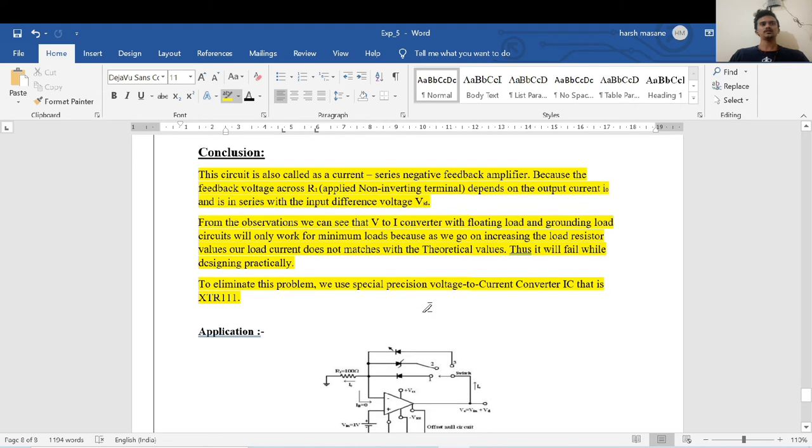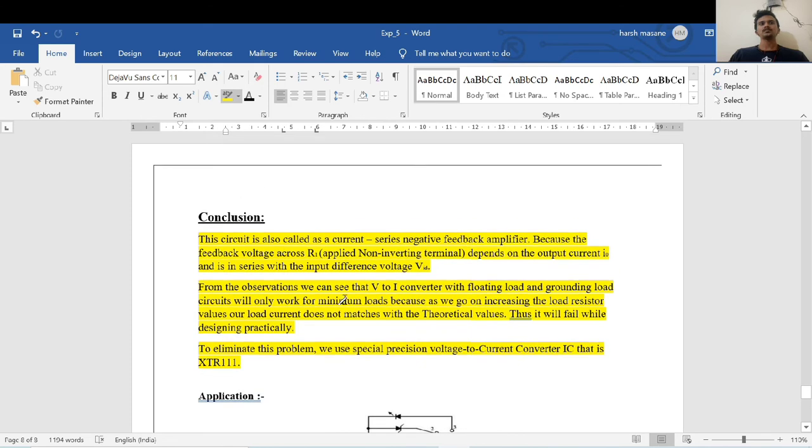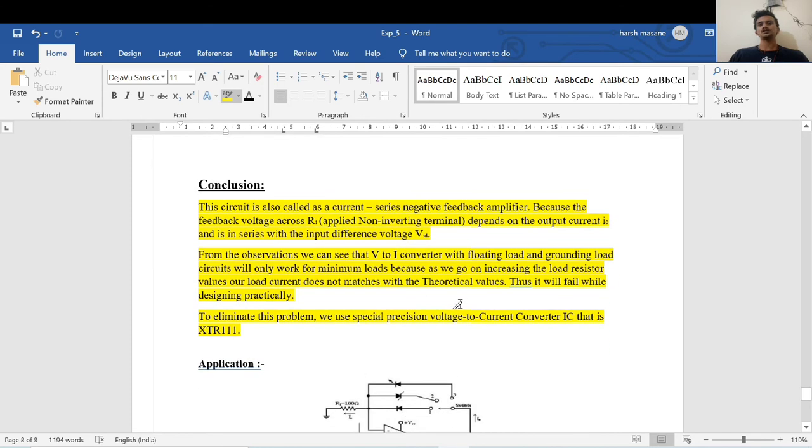From the observation we conclude that the voltage to current converter with floating load and grounded load circuit will only work for minimum loads, because as we go on increasing the load resistors, the values of our load current do not match the theoretical value. Thus it fails while designing it practically.